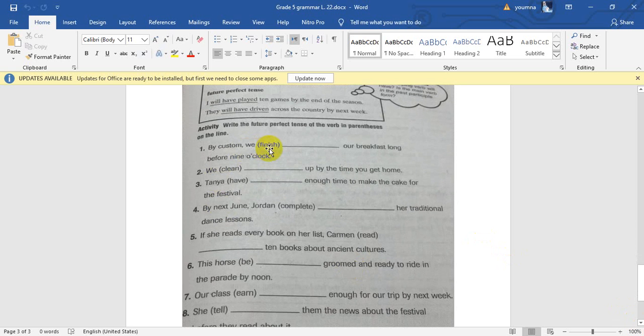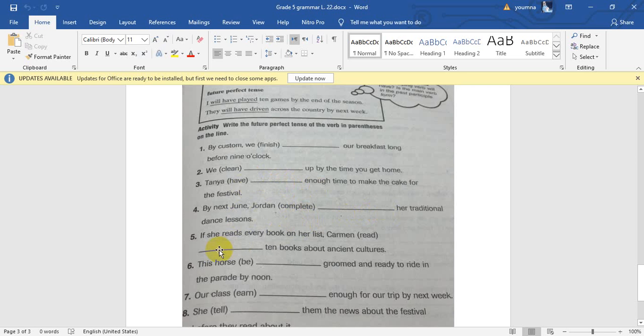By custom, we finish. So it will be will have finished. Will have finished. We clean. So it will be will have cleaned. Will have cleaned. Tanya have. So it will be will have had. Will have had. By next June, Jordan complete. Will have completed. Will have completed.